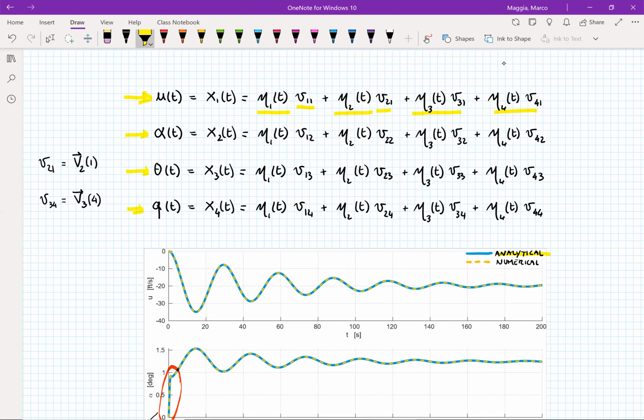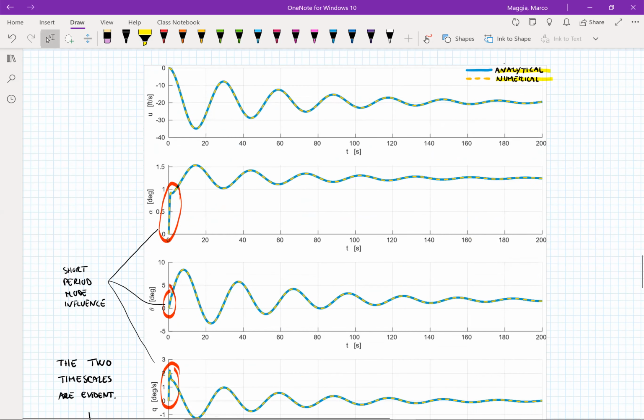And I've plotted that solution with the orange dashed line, and you see that the two solutions are the same, okay? So if you just wanted the time history of the states, you can go directly and solve the original system numerically, or you can do it analytically.